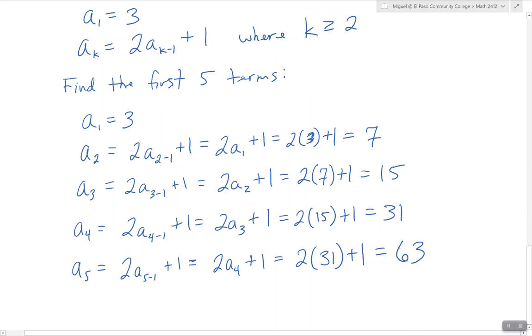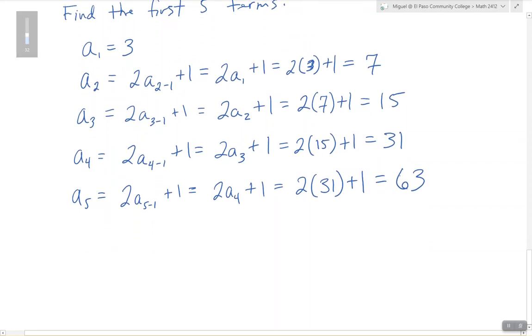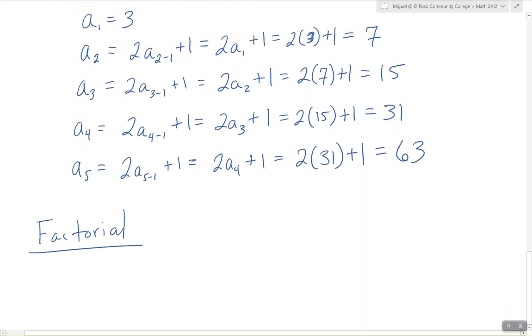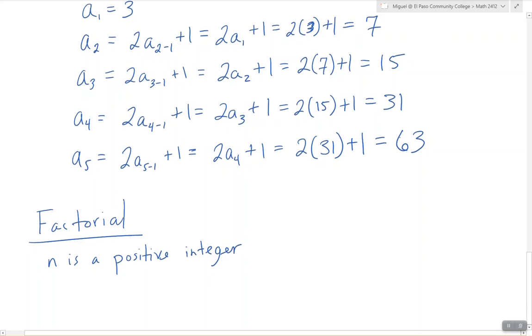Now, before we get into summation notations of sums, we need to know what a factorial is. So n has to be a positive integer. So like 1, 2, 3, 4, 5, 6, 7, etc. So never a decimal and never negative.